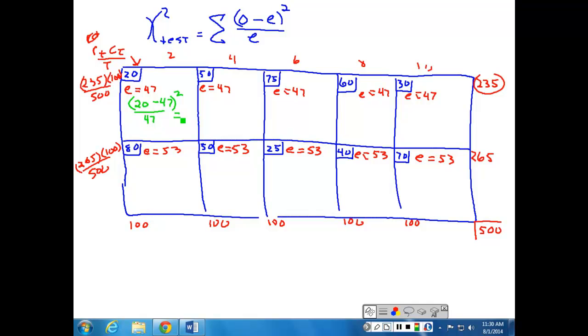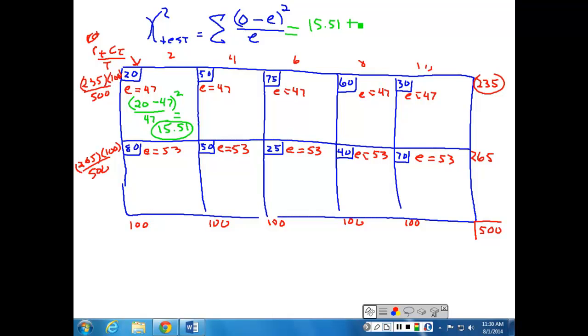If someone would calculate that for me, just take 27 squared and divide by 47. 15.5. I'm just going to circle that because this is going to be 15.51 plus, and I'm going to do this for every cell.